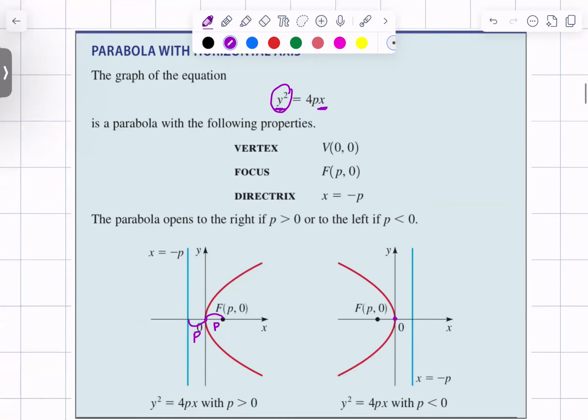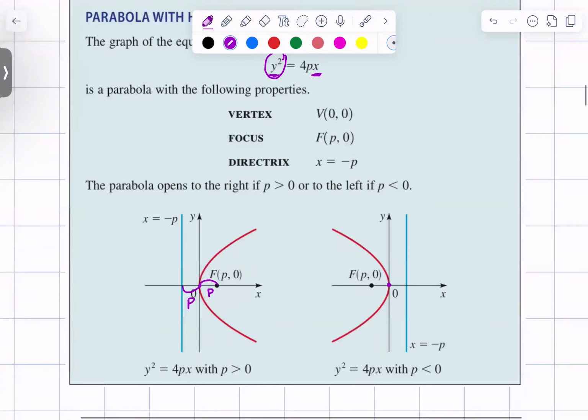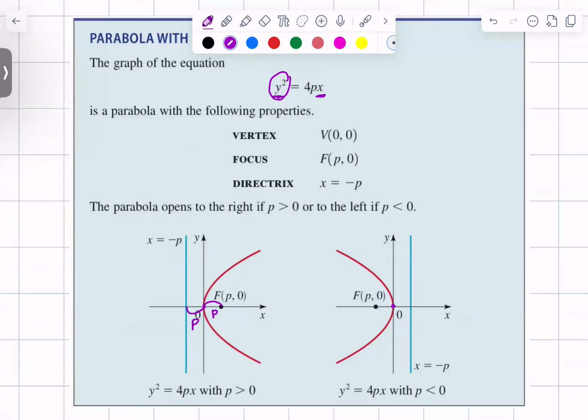If you're facing right, your p value is positive, and it opens up to the right. If your p value is negative, it opens up to the left. And just think number line when you think of those. Questions? No?